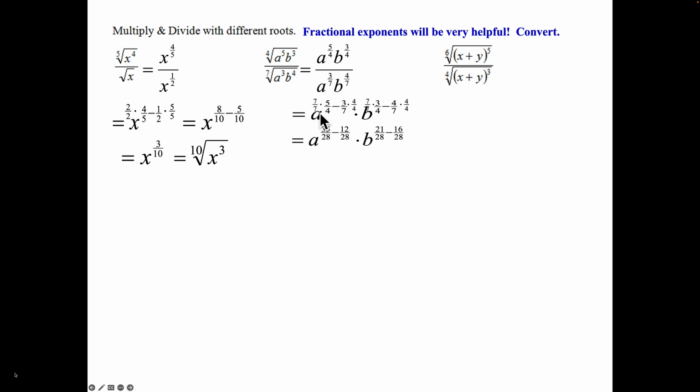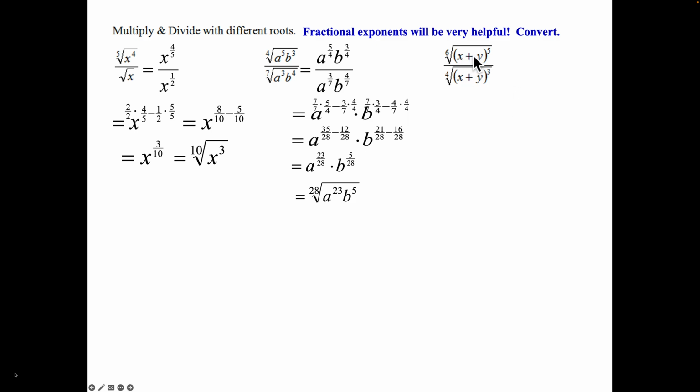We're going to get a to the 35 over 28 minus 12 over 28. 7 times 3 is 21 over 28, and 4 times 4 is 16 over 28. All right, do some subtraction here. Looks like we're going to get a to the 23 over 28, and 21 minus 16 is 5. We want those denominators to be the same, so it's now the 28th root of a to the 23rd, b to the 5th.